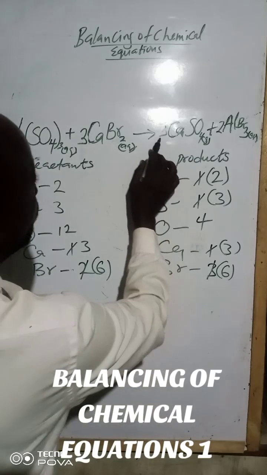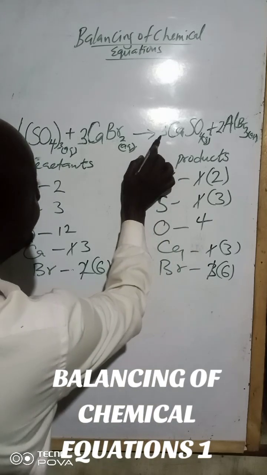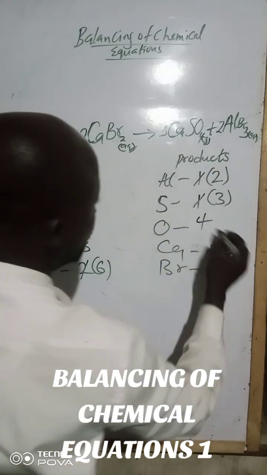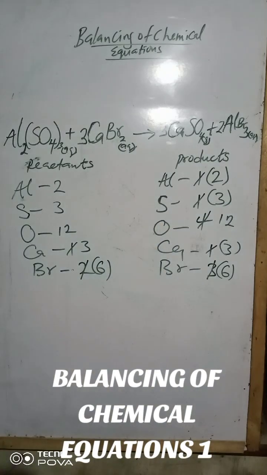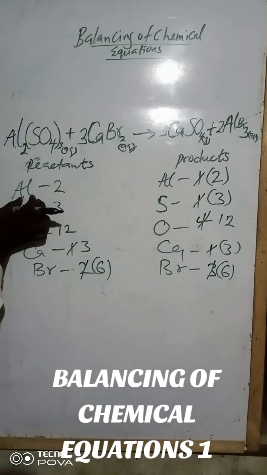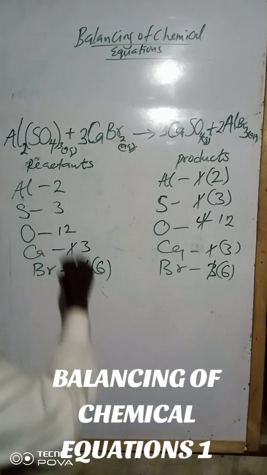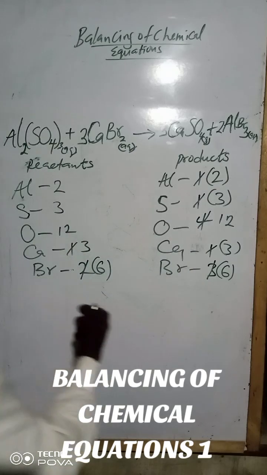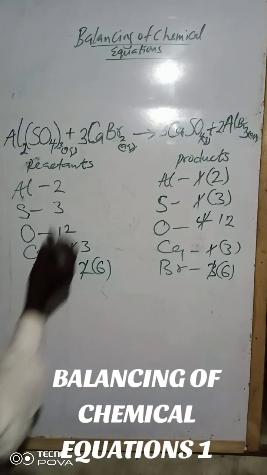From what I've written here, this 3 multiplied by this 4 has changed it to 12. So automatically, if you look at it categorically, you realize that the number of aluminium is also equal, and so are all the other elements involved here. So by and large, the equation is now balanced.